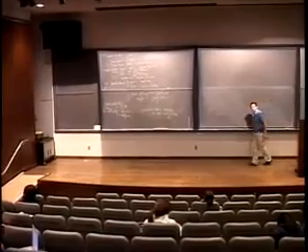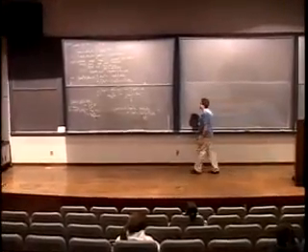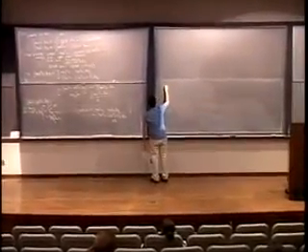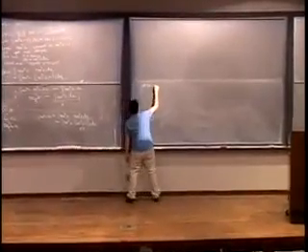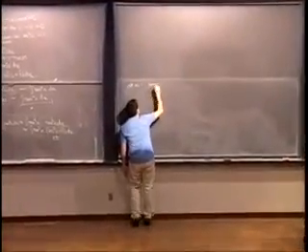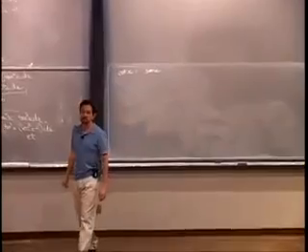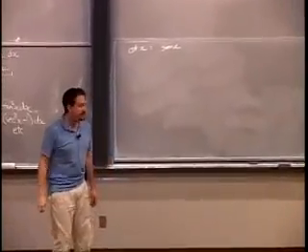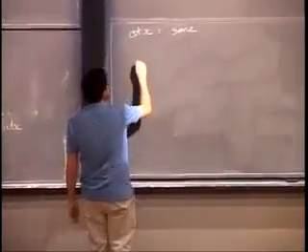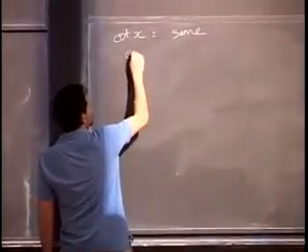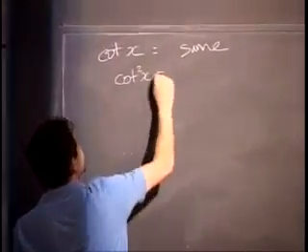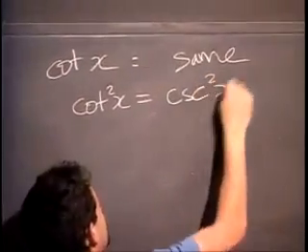Anyway, I'd like to talk about powers of cotangent just for a few seconds. Cotangent, if you should happen to see it, is the same, except you put co in front of everything. The equation you use is cotangent squared x is cosecant squared x minus 1.